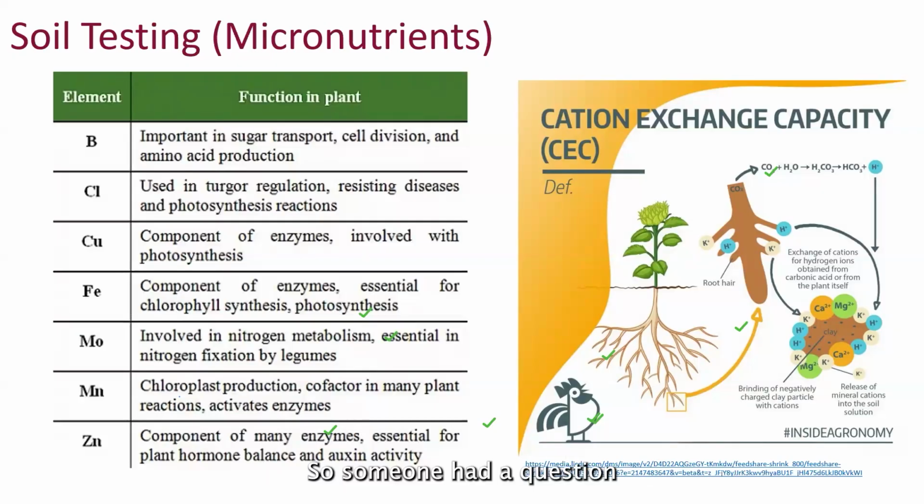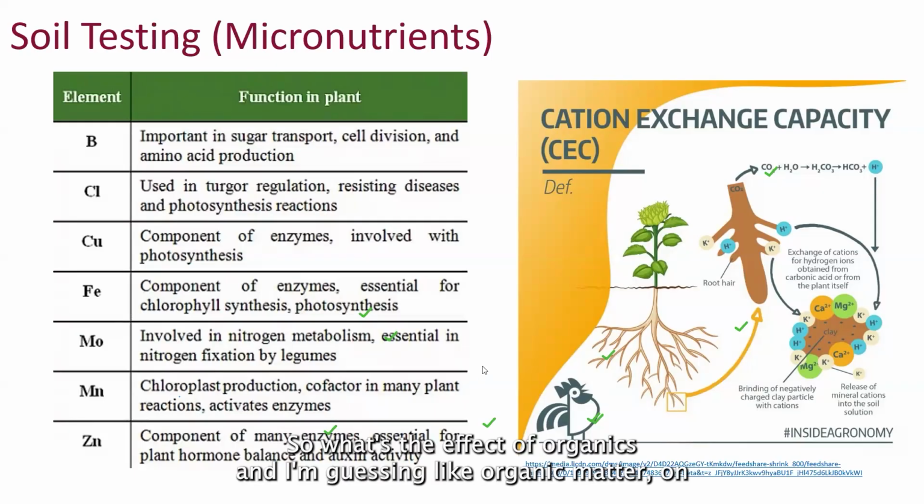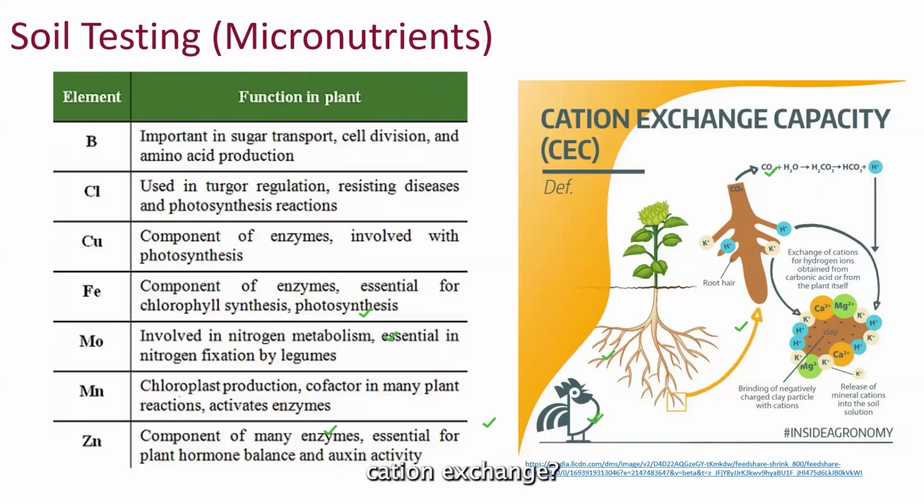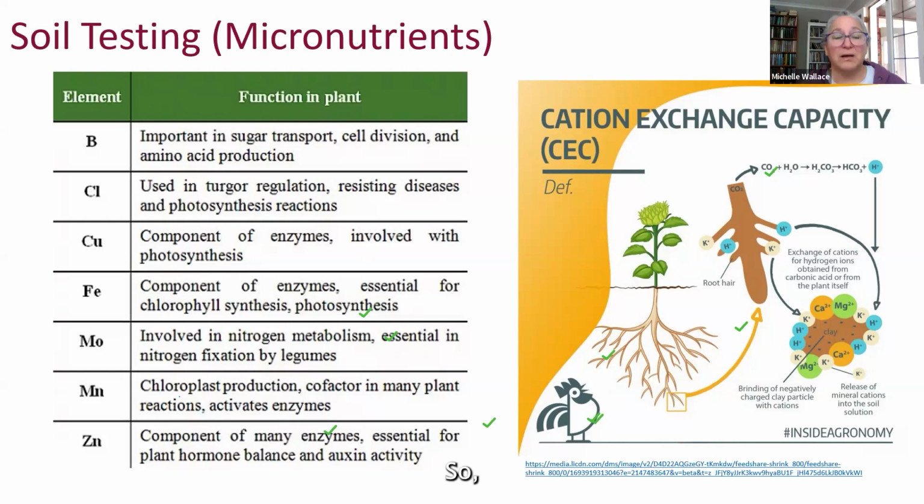Someone had a question about cation exchange, which is always a fun topic. What's the effect of organic matter on cation exchange? Soils that are high in organic matter improve the cation exchange capacity.